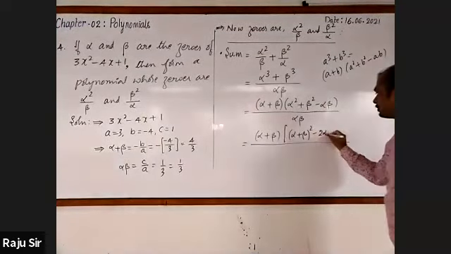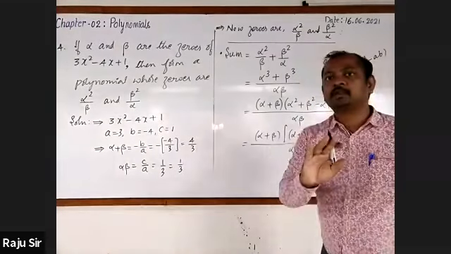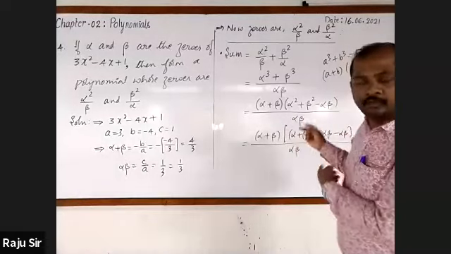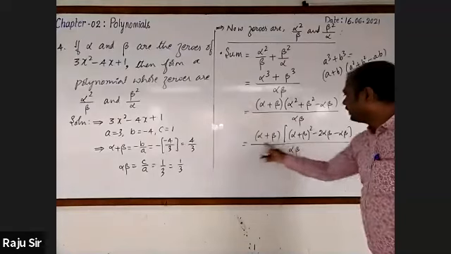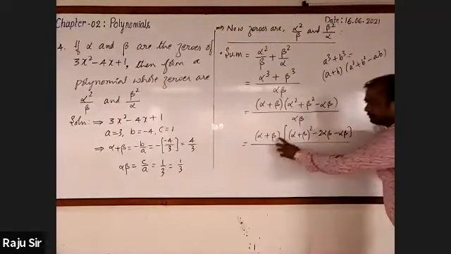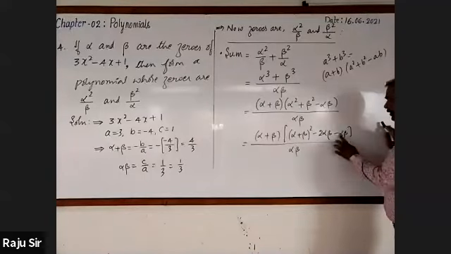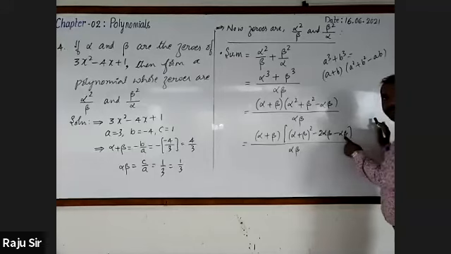Then this minus alpha beta, divided by alpha beta. Repeatedly I have been telling, don't go for copying. Now it will be alpha plus beta into alpha plus beta whole square minus 2 alpha beta minus 1 alpha beta. It will be minus 3 alpha beta.